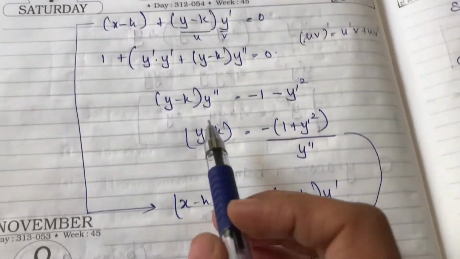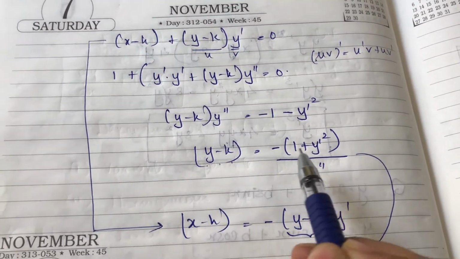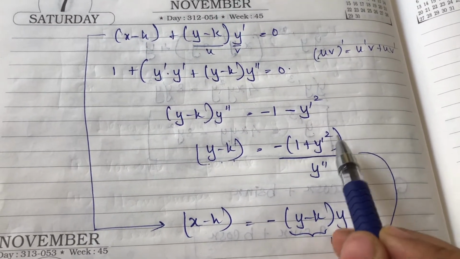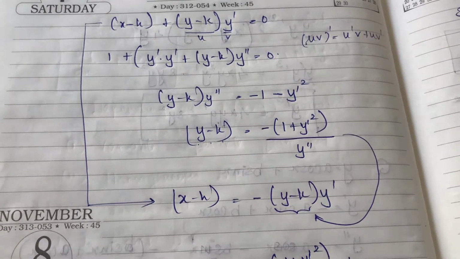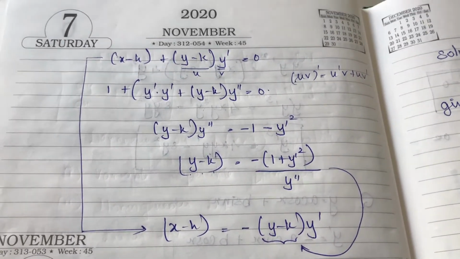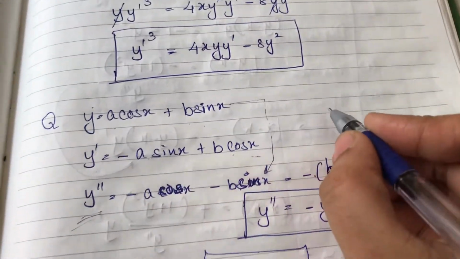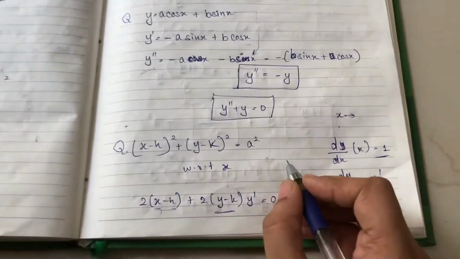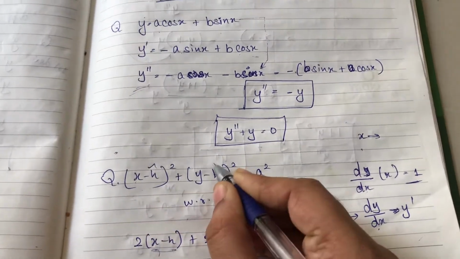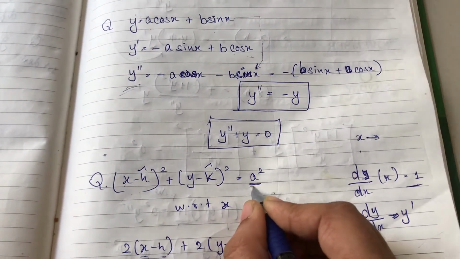Okay, so you can see here y minus k is equal to minus of (1 plus y dash square) by y double dash. Here I need to tell one thing: h and k are constants, a is not a constant.